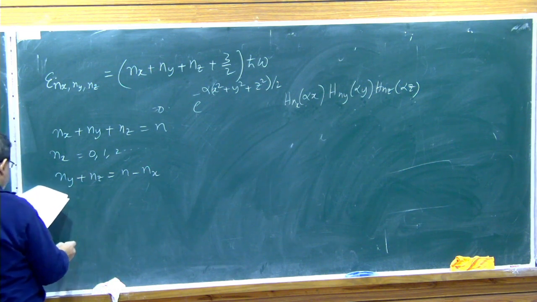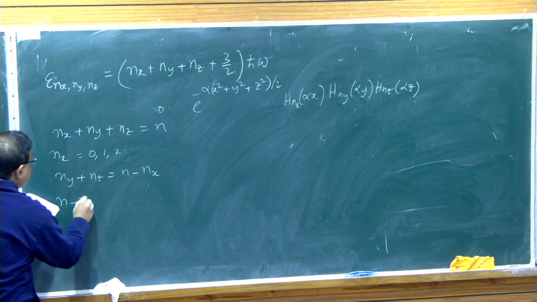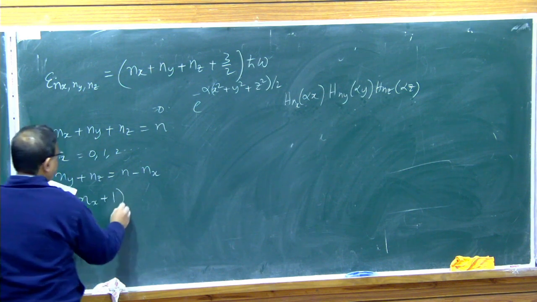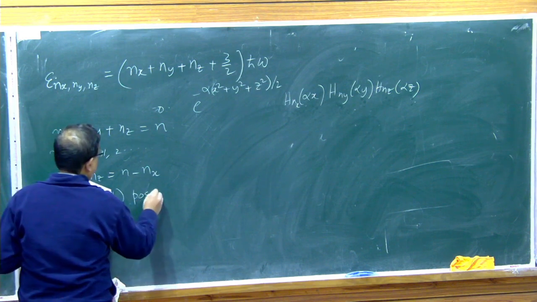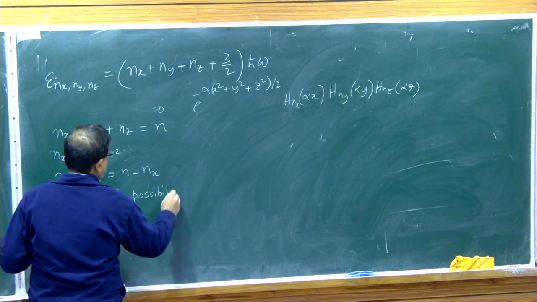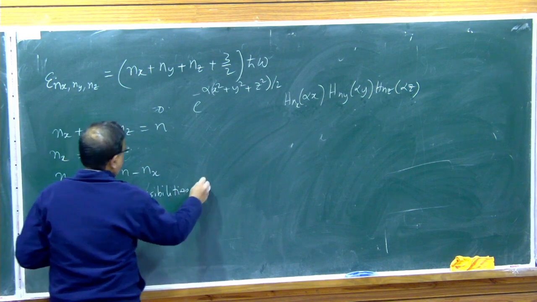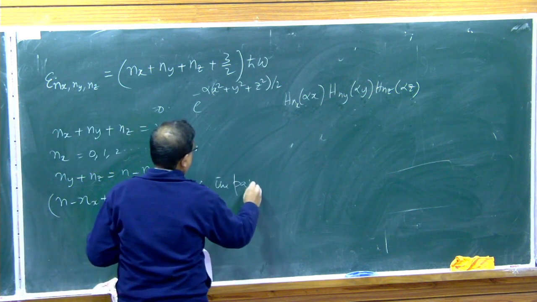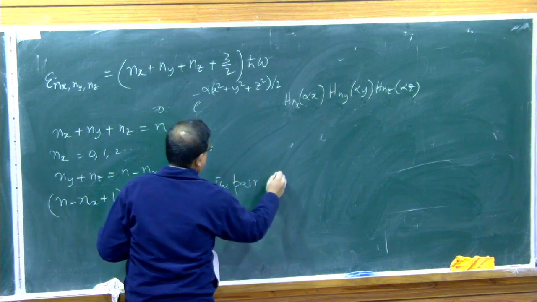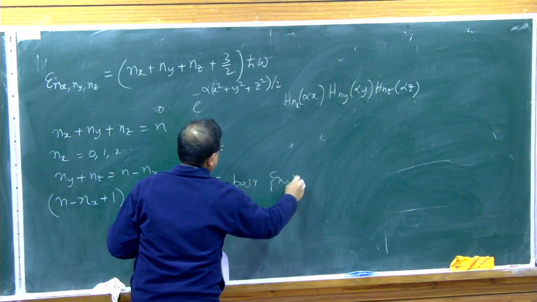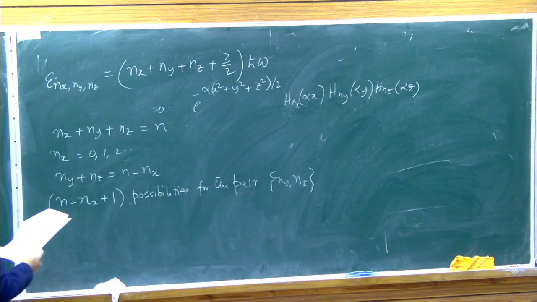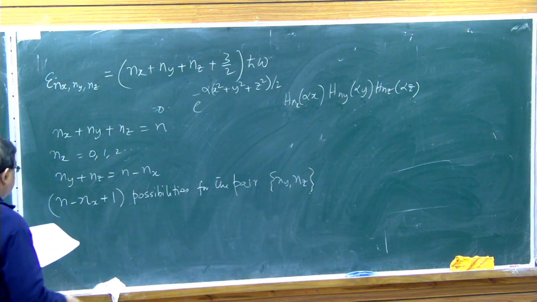So there are n minus nx plus 1 possibilities for the pair ny, nz to be chosen. Why is that?